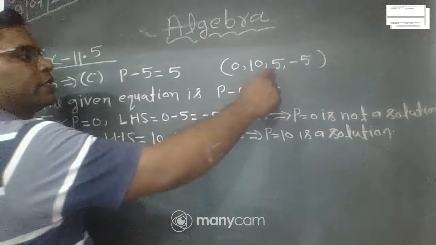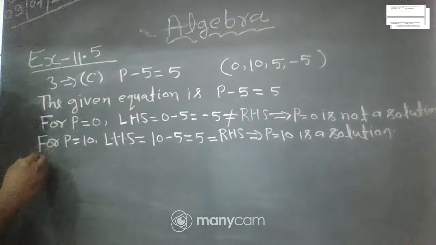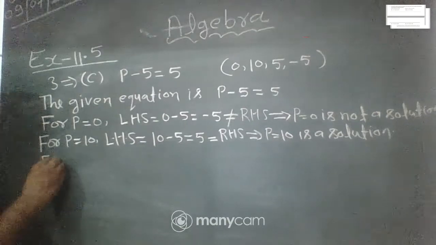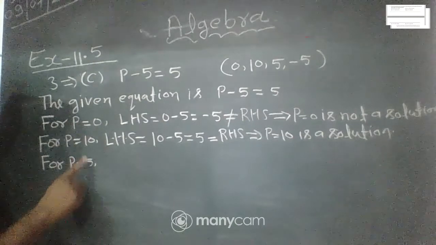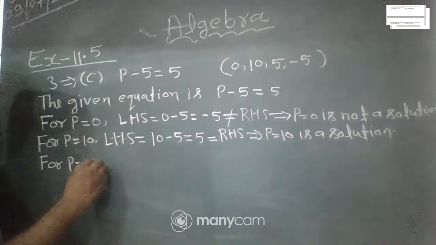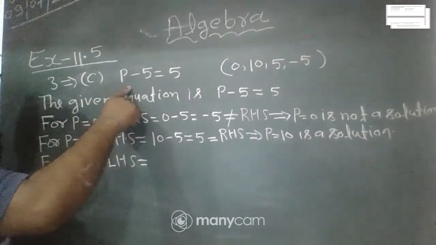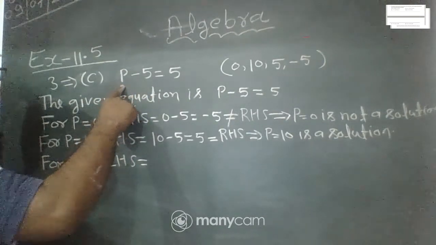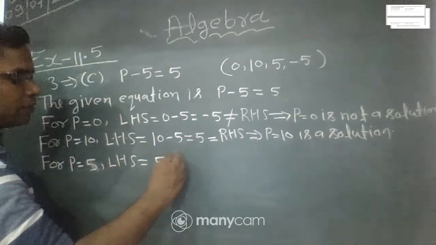Now we take the next number, 5. We write p is equal to 5. So for p is equal to 5, we take the left hand side. Here p minus 5 is the left hand side, and here we take the value of p as 5, so it becomes 5 minus 5.